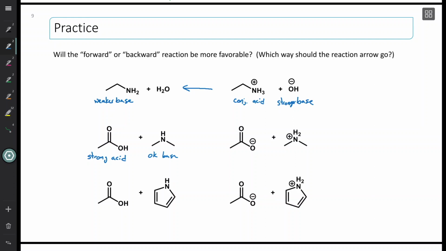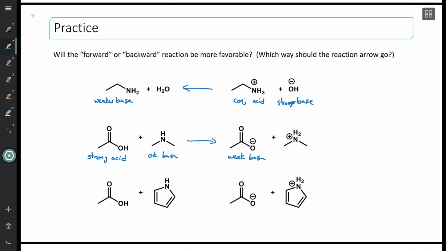We have the conjugate base of the carboxylic acid, and this is a really weak base. So this one definitely goes forward. This is a weaker base than the amine, and the carboxylic acid is a stronger acid than this protonated amine. So this goes forward.